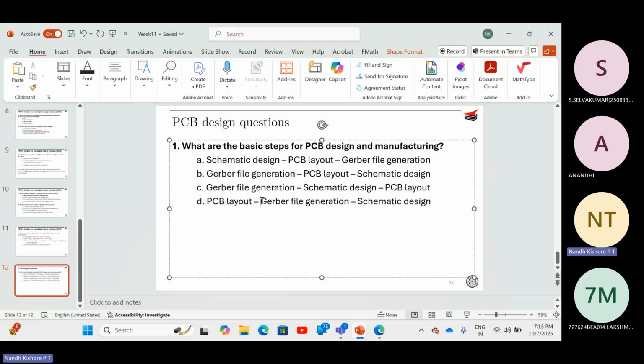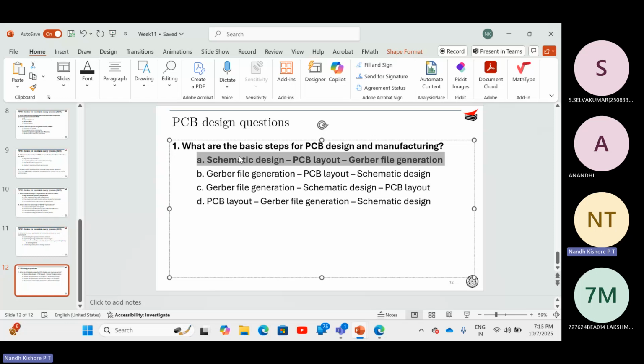So you have three steps in that, right? So correct. So first you will do the schematic, right? And I think the KiCad software was taught to you guys. So first you do the schematic and then you assign the footprint for each of those schematic symbols, right?